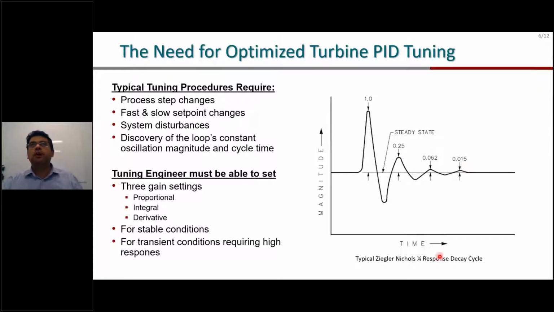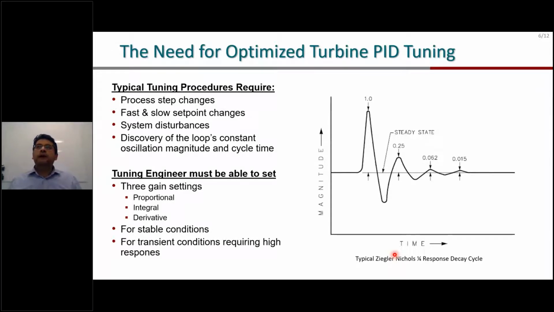So if you follow the typical Ziegler-Nichols method, this is one way of tuning your turbine so that you can reach the actual stable condition that you look for. And you can also see during the transient state that the turbine performance behaves as required, as intended.